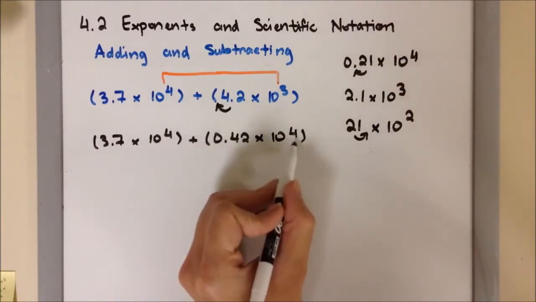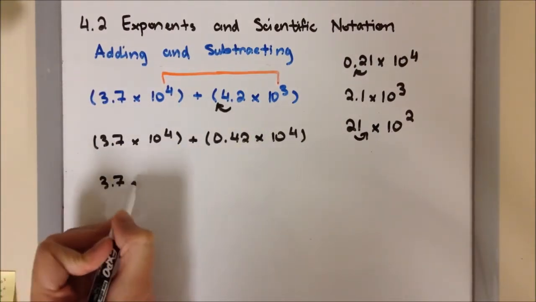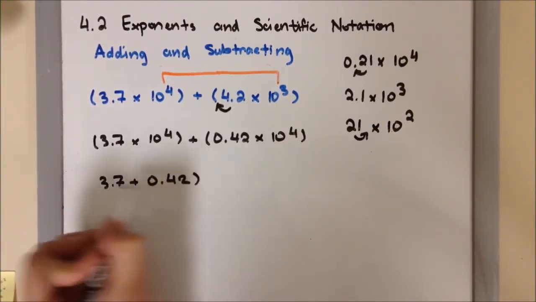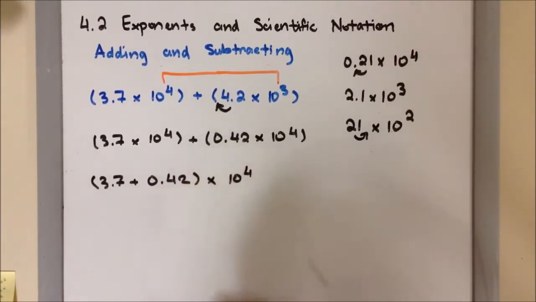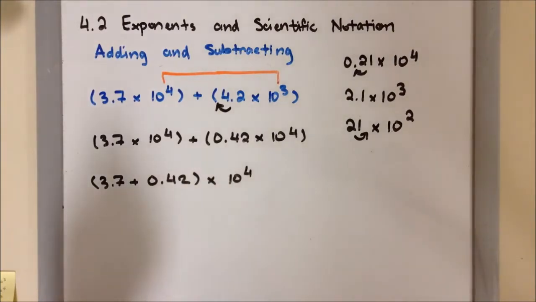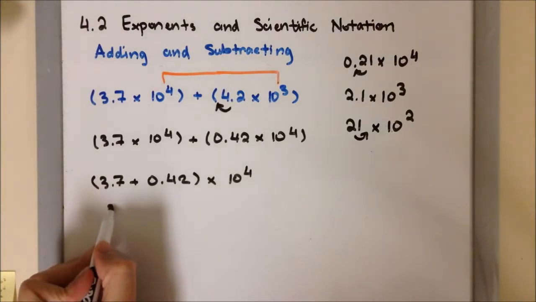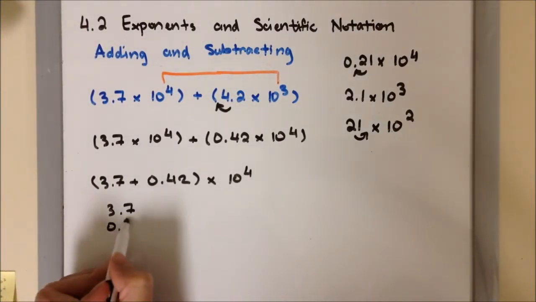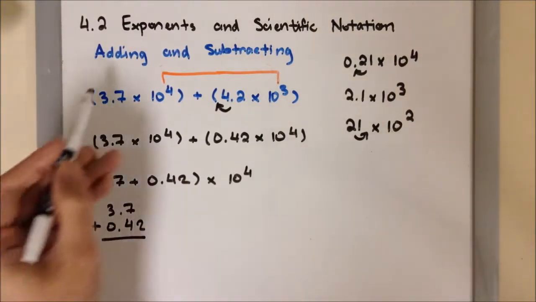Since they have the same exponent on the 10, it's going to be 3.7 plus 0.42 times 10 to the 4th. Now, to review, when we're adding decimals, you make sure you line them up. So I'm going to line up 3.7 and then 0.42, lining up the decimals when it comes to adding and subtracting.